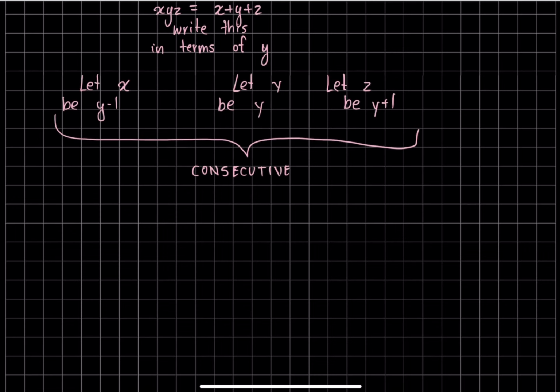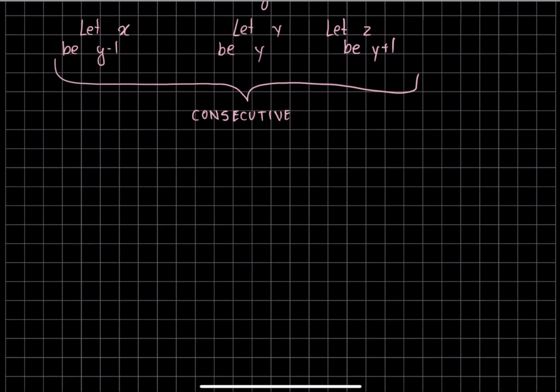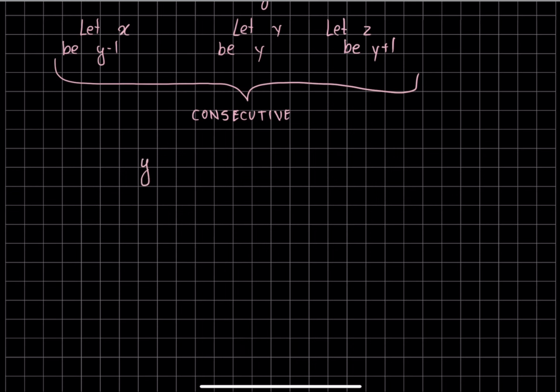So let's write our equation in terms of y. y minus 1 times y times y plus 1 gives us y minus 1 plus y plus y plus 1. So that is our equation, and this is the same thing as xyz is equal to x plus y plus z. So now let's continue. To do this, let's simplify the left-hand side of our equation.